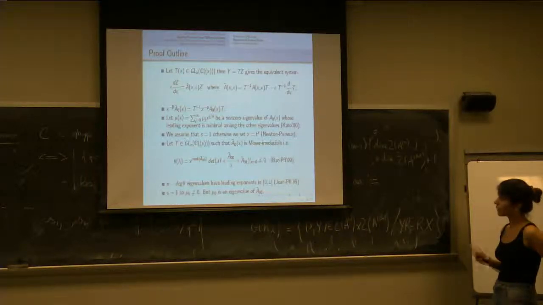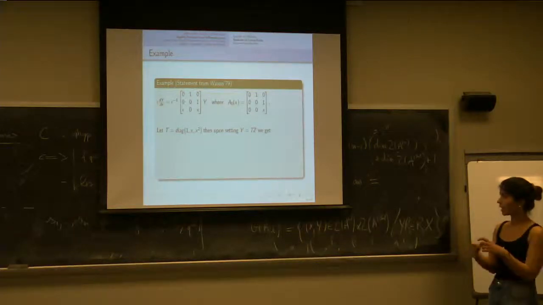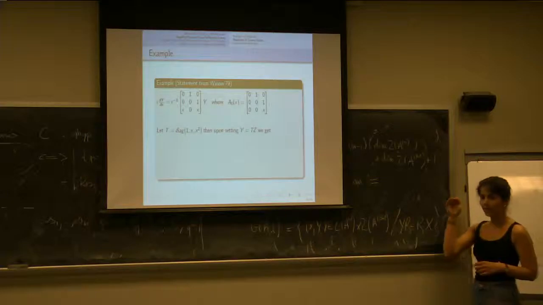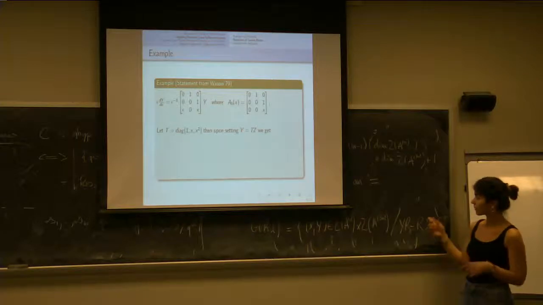Now, this is the first part, and here we applied Moser-based reduction for A tilde_0(x). However, we will see later that we will apply another Moser-based reduction for epsilon to reduce the rank h in epsilon. Now, this is an example, the same example I showed for the turning point. The statement of this example is from Wasow, but the method is using our algorithm.